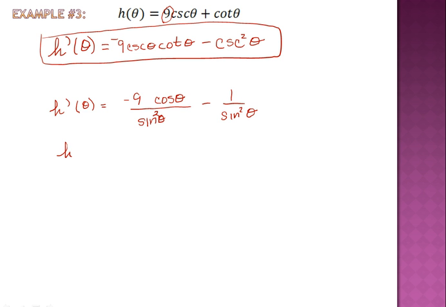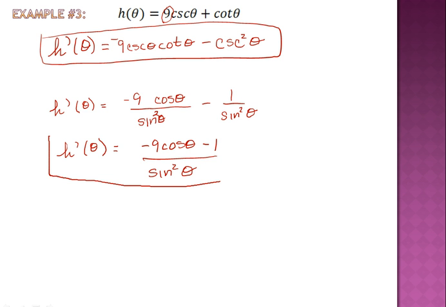And so simplifying, because I already have a common denominator, I have negative 9 times cosine theta minus 1, over sine squared. The only reason to do this is if you're evaluating and it's easier for you to simplify in terms of cosine or sine. And so we have both of these answers, and both of them are perfect answers. You are not required to put them in one form or the other.